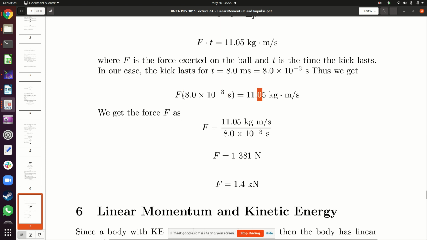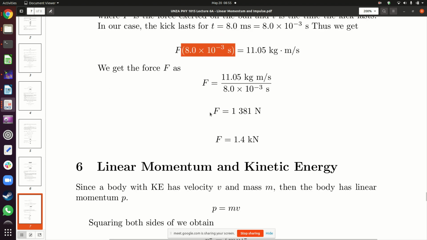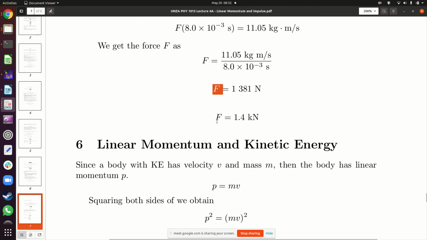So you divide both sides by the time, and you end up with a force F equal to 11.05 kg meters per second divided by the time. You end up with a force equal to 1381, so this is approximately a force of 1.4 kilonewtons. So this is how much force was exerted on the ball.